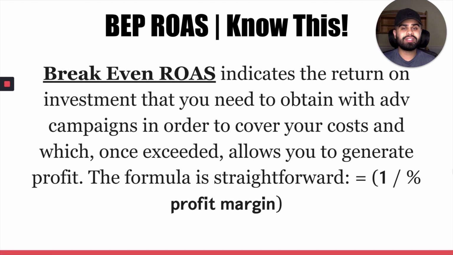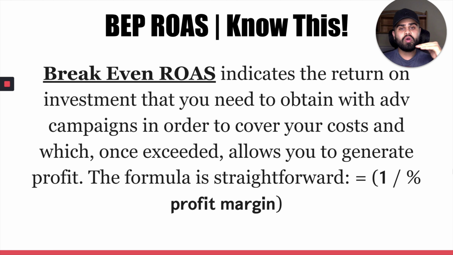So that is the threshold or the middle line that you have to meet to at least break even. Break-even point ROAS essentially indicates the return on investment that you need to obtain with advertising campaigns in order to cover your costs, and which, once exceeded, allows you to generate profit, right?